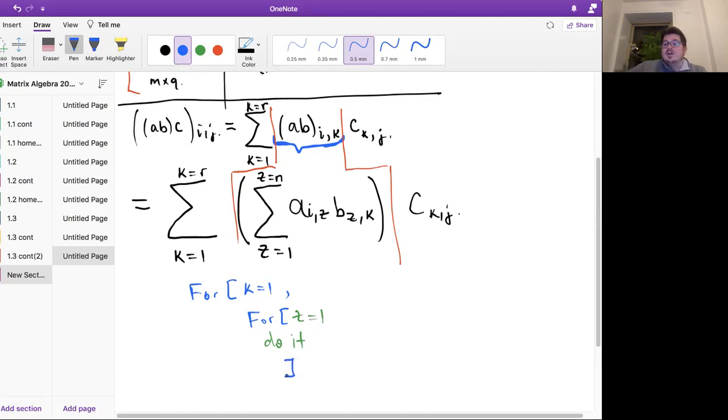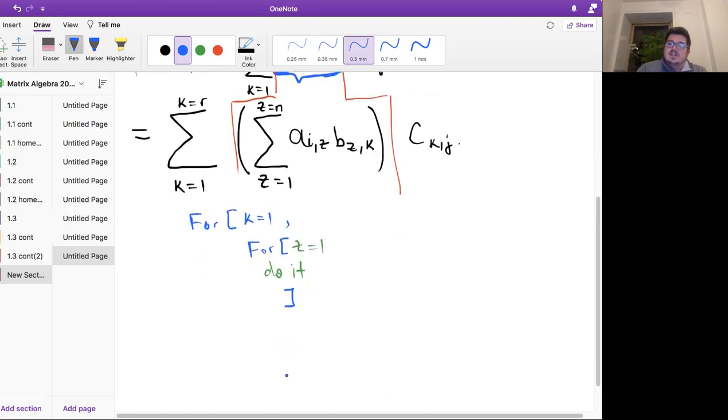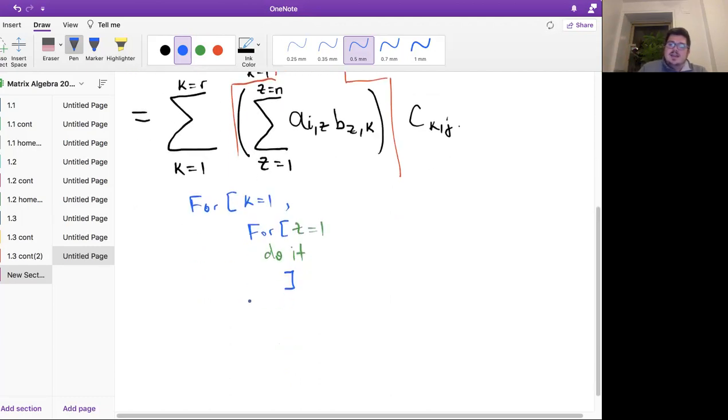Right, you're adding up all these entries from Z to N, and then you finish, and then you repeat the algorithm and add 1 to K, and then you repeat it starting from Z equals 1 to Z equals N. So there's two summations going on.